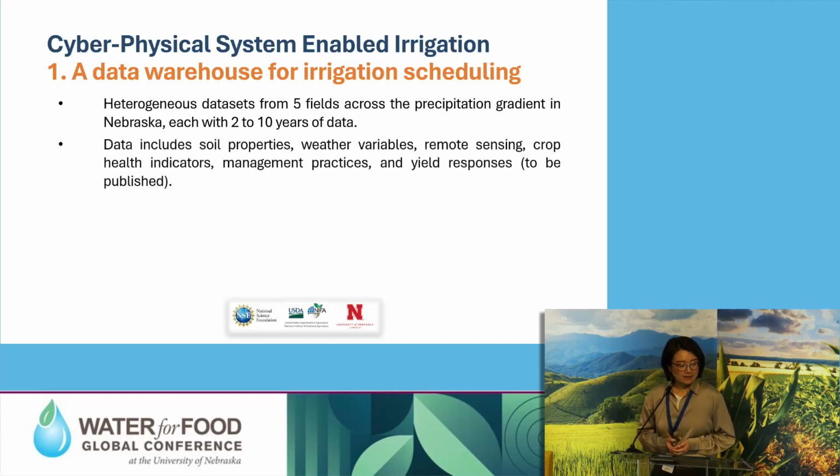So we have heterogeneous types of data, including soil, environment, remote sensing, including drones and satellites, and management data, like planting management and also the yield.